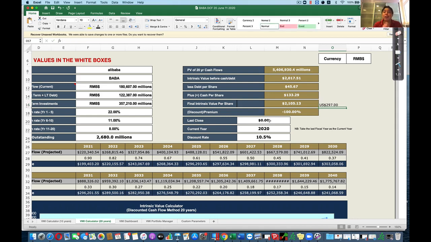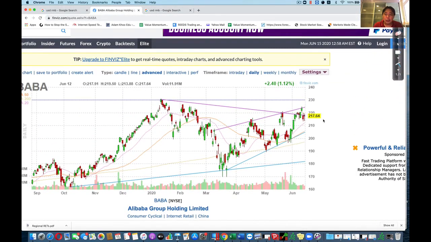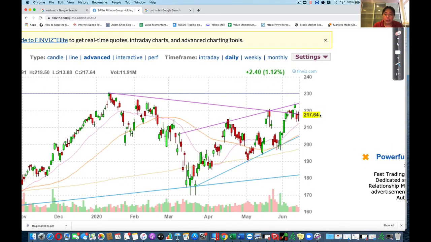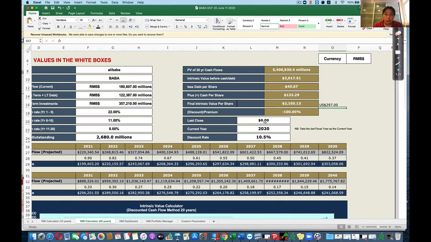So what's the current share price right now? The current share price of Alibaba is, in US dollars, 217.64. So you can see the current price is below the valuation. How much? Let's use our calculator. Now, you can't use this one, because this is based on this figure.